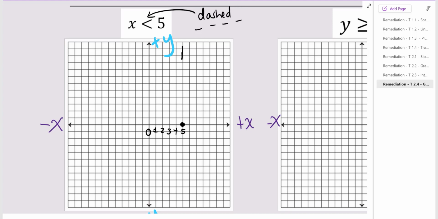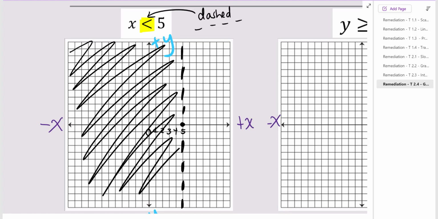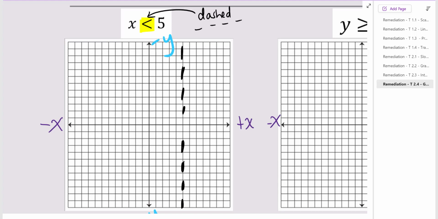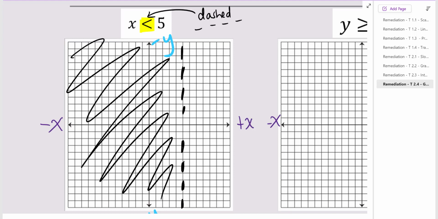So I'm going to go like this. So my línea no es sólida. So my line is not solid. And then the symbol says left. So that means I need to color to the left of the line. So así significa necesitamos pintar izquierda de la línea. ¿Ok? Porque esta está la dirección de izquierda.